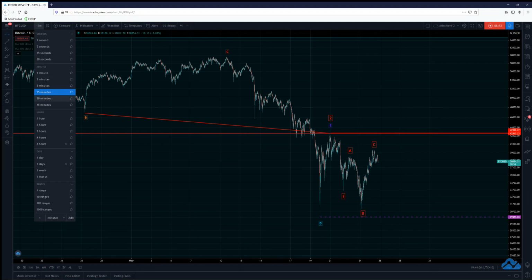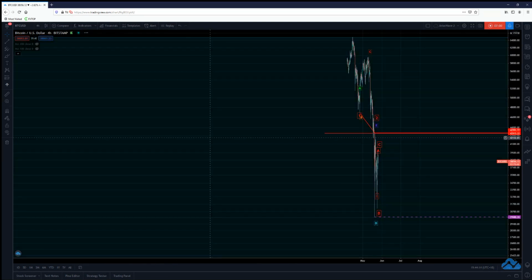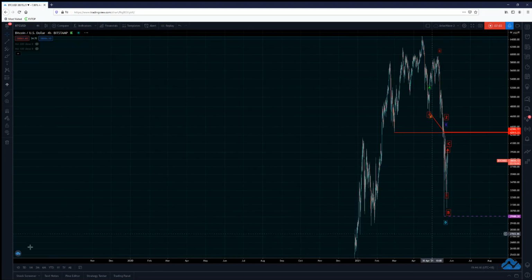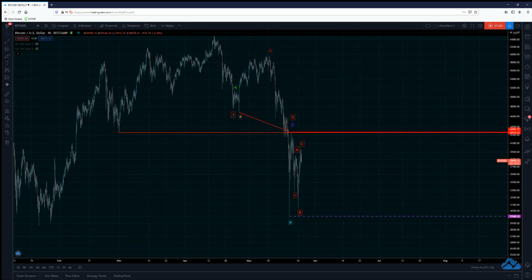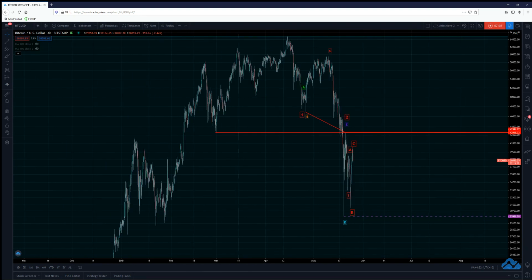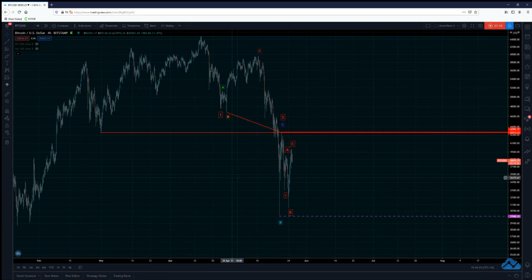Now, just say, for example, if Bitcoin does continue higher, because we have to look at all angles here. To me, I don't see how that fits into the greater picture.